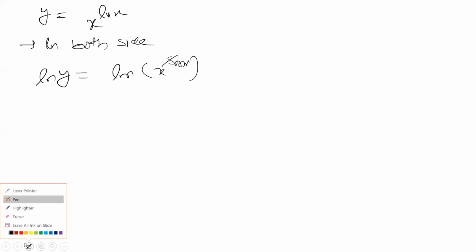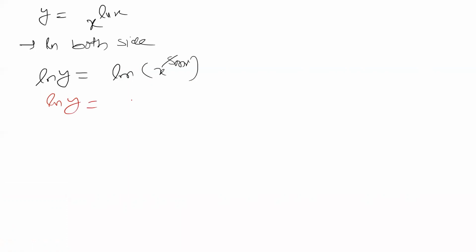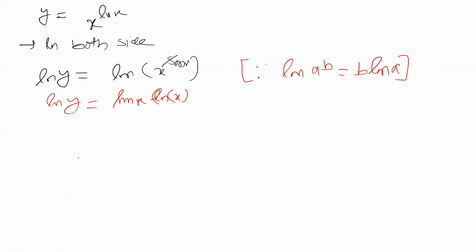Okay, then we can also write it this way. Same rule we are applying again: sin x into ln x. Ln of x to the power b, we can also write the same way. Okay, so take the derivative on both sides.